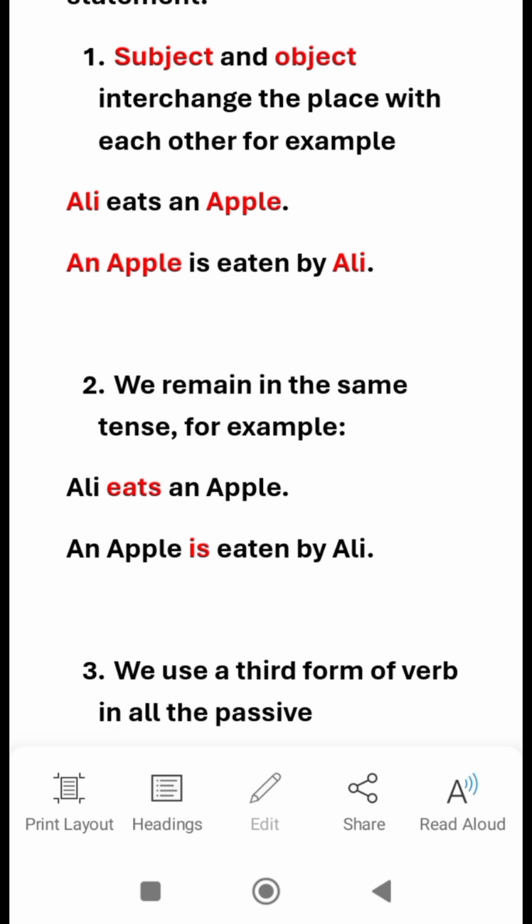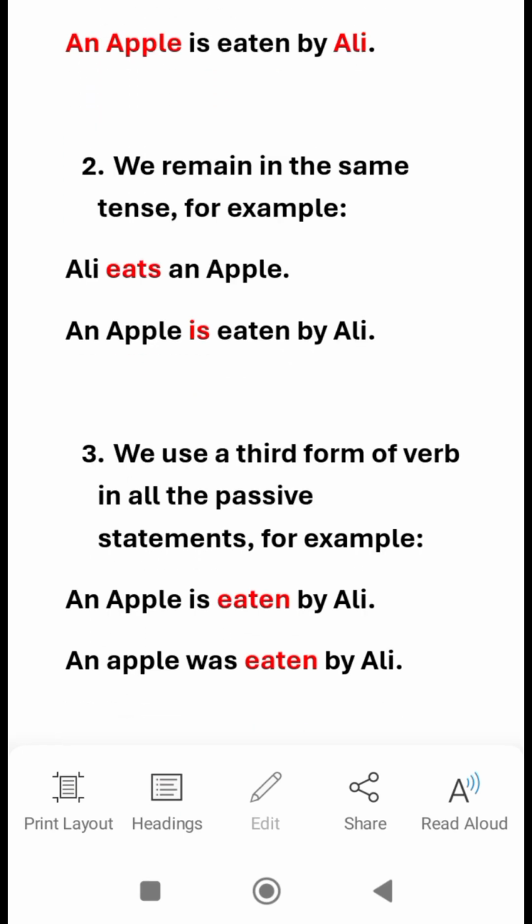Now, the third rule is we use third form of verb in all the passive statements. सारी passive statements में no matter what tense they belong to, उन सब की passive statements में basically हम verb की third form use करते हैं. For example, an apple is eaten by Ali.